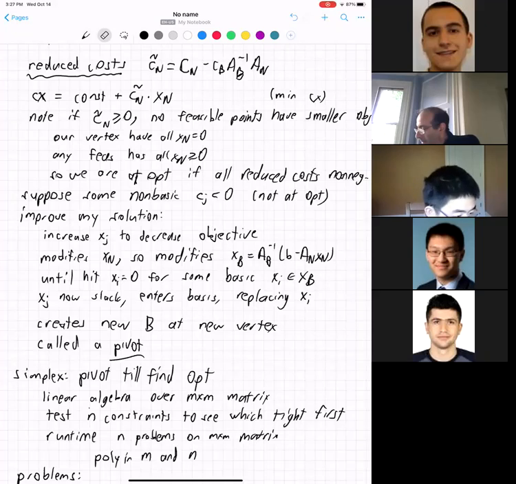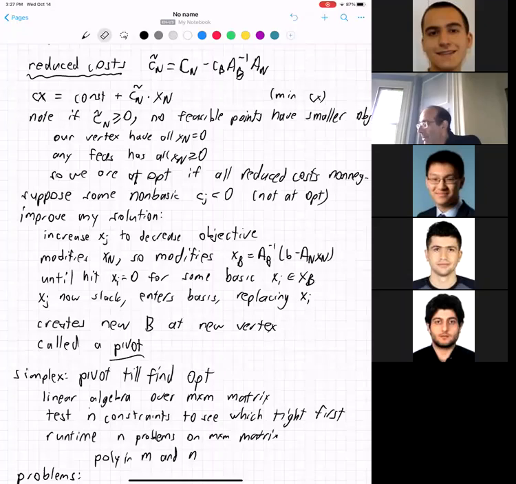Well, we might not be able to move from the current one. Sorry? We might not be able to move at all. How come? What would stop us from moving? If one of the variables in the basis is already 0. Exactly.